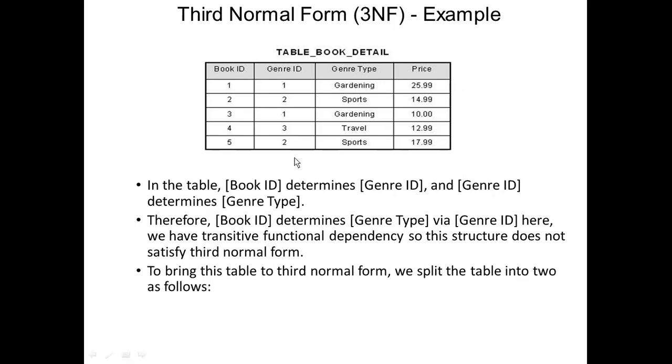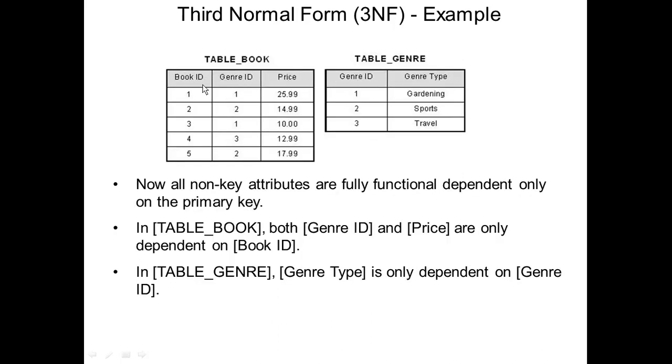See, in this table, the genre ID is dependent on book ID and genre type is dependent on genre ID. Means here is the transitive functional dependency, that is genre type is dependent on book ID via genre ID. So this is not in third normal form, so we have to split this into two tables like this: book ID, genre ID, price, and genre ID, genre type.